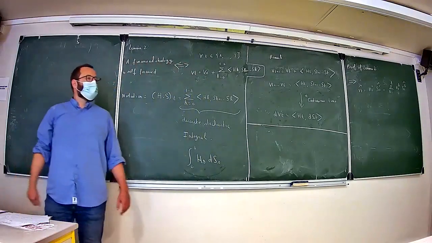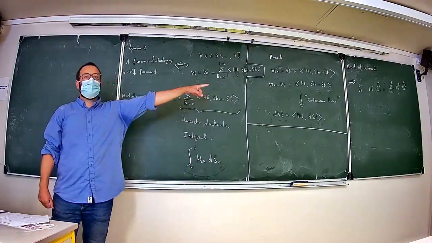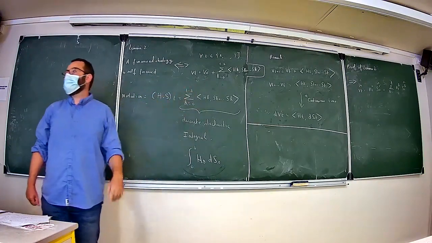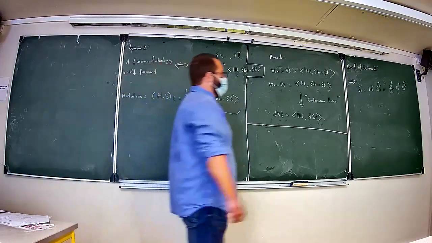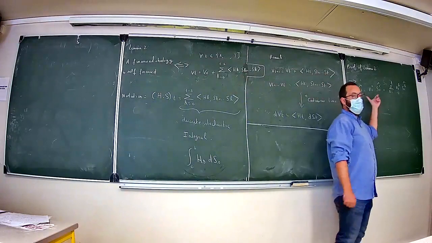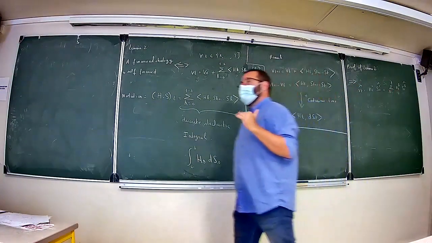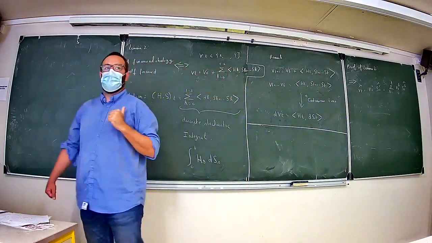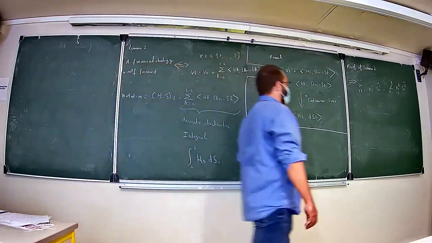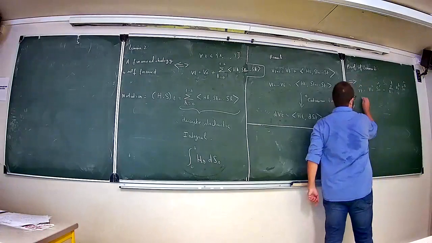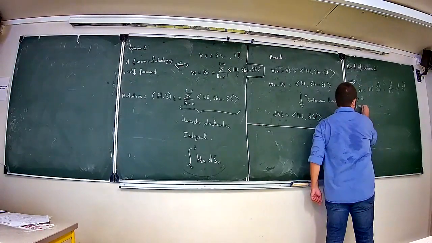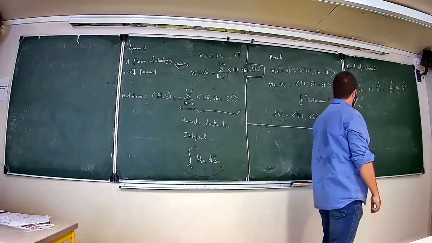If I want to express this quantity in a discounted way, so something at time t, I just have to divide by the value of the non-risky asset at time t. So if I divide by the value of the non-risky asset at time t, Vt hat becomes Vt.